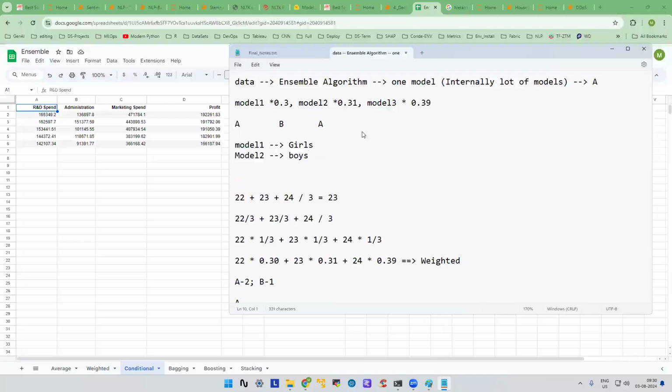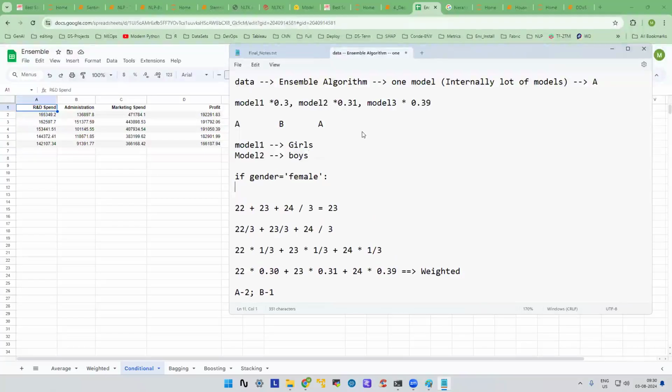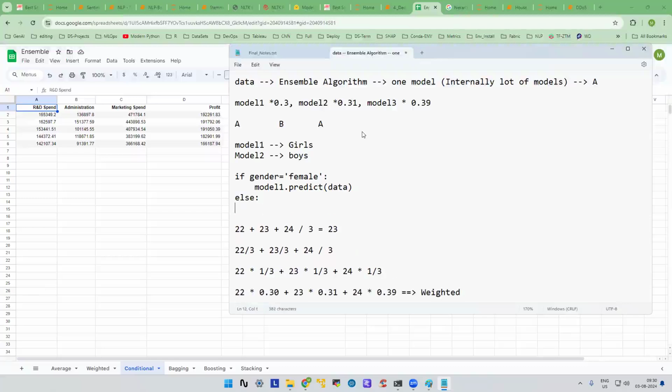Can we write logic like: if gender equal to female, use model 1 dot predict data, input data, right? Else, can we write like this? Model 2 dot predict data. This is conditional, conditional ensemble algorithm.